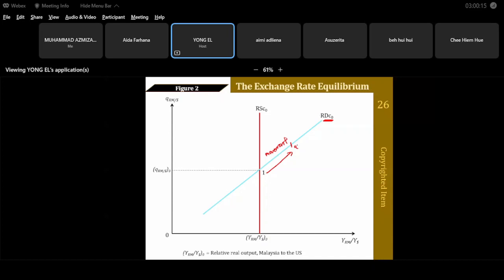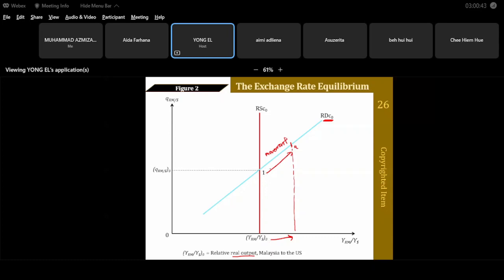This also means an increase in relative demand for Malaysian goods relative to US goods. Why? Real output: RM will be the real output in Malaysia, and dollars will be the real output in the US.